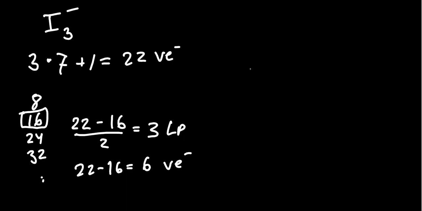So for iodine, we're just going to have single bonds. And how do we know this? Well, iodine is a halogen, so it's going to want to make single bonds because it does not need that many electrons. So as we said, we have 3 lone pairs in the central atom.